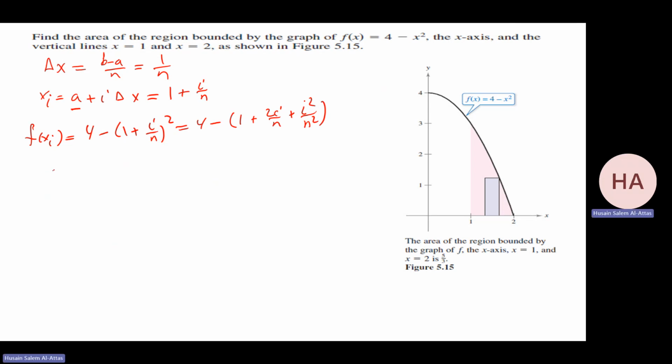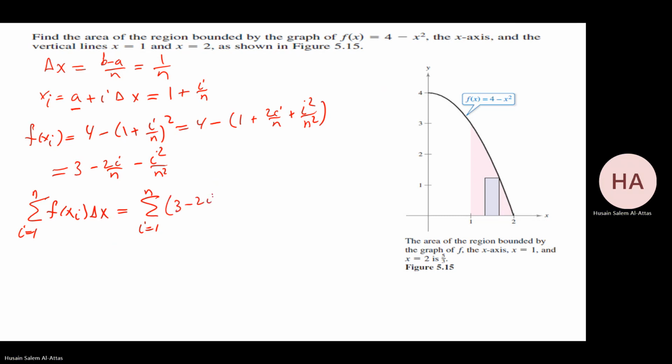That gives me 3 minus 2i over n minus i squared over n squared. Okay, the summation i equals 1 to n of f of xi delta x. That will be summation i equals 1 to n of f of xi, which is this, times delta x, which is 1 over n.